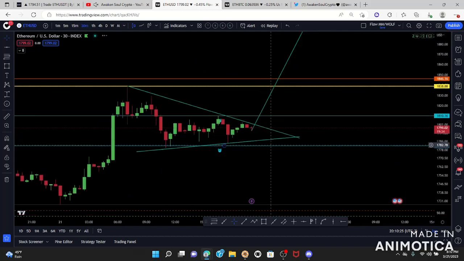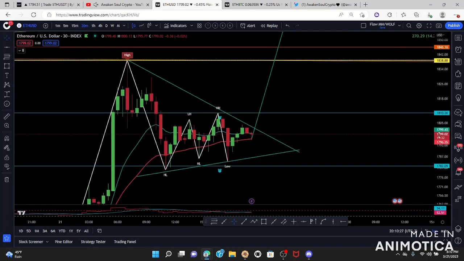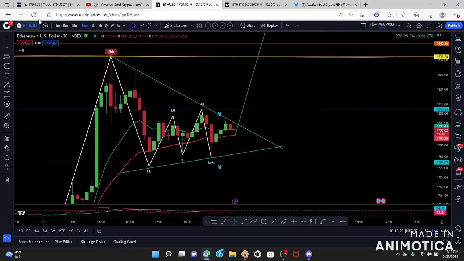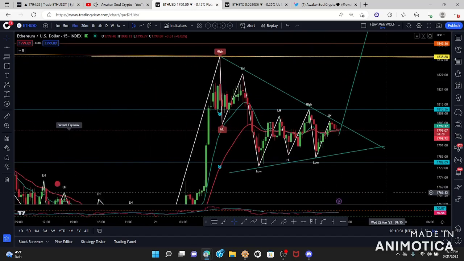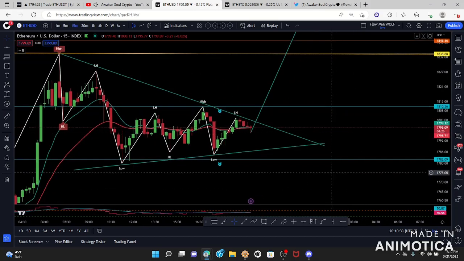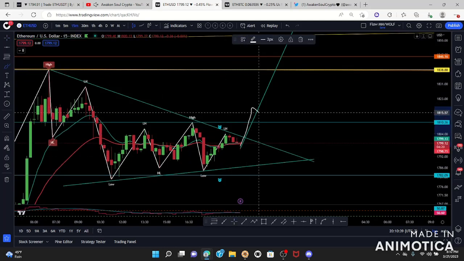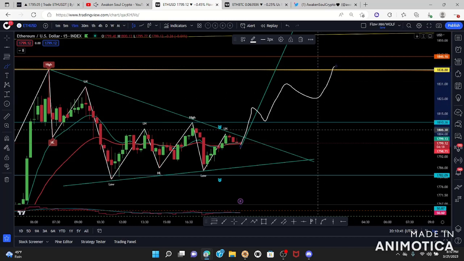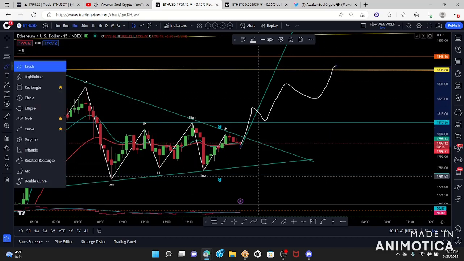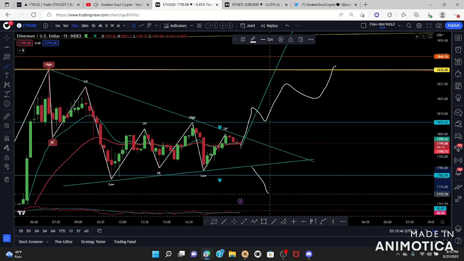Let's go into the 30 minutes. We have our beautiful range. So this is going to be the play. This is your range. What you want to see is a break of the range, retest, and then continue to the upside. Or break from the range, retest, continue to the downside.